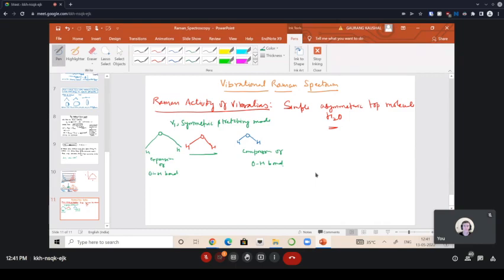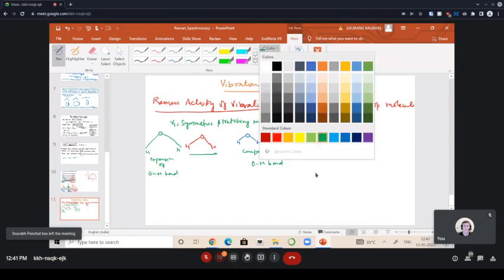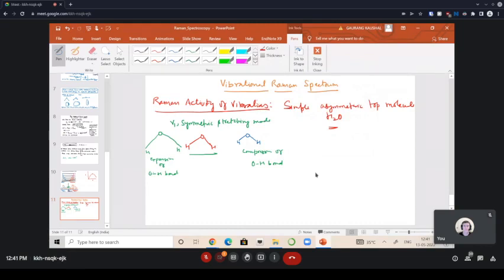If I draw the polarizability ellipsoid for H2O, its shape was observed like this. There will be some kind of dipole moment because of the induced dipole. Charge is accumulating more on one side and less on the other side.